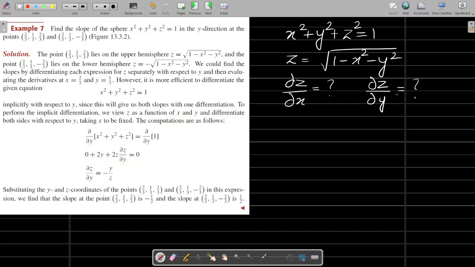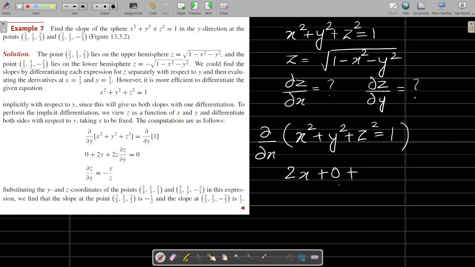But other than that, if you are given a function like x square plus y square plus z square equal to 1, we can differentiate this directly. Suppose I'm finding dou by dou x of this whole equation. What is dou by dou x of x square? It is 2x. What is dou by dou x of y square? When I'm partially differentiating with respect to x, y is a constant, so this becomes 0.